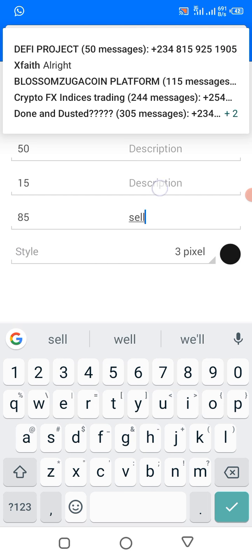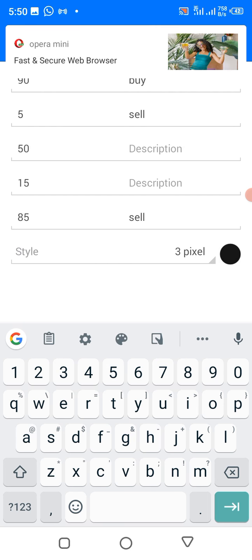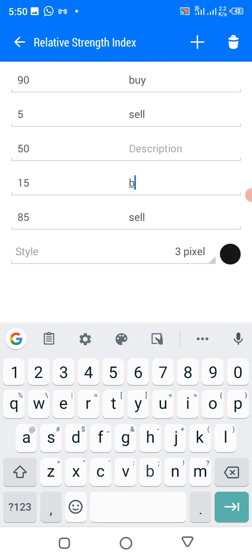This 15 to 5 zone is where we buy, and this 90 to 85 zone is where you sell. But how do you do this practically?